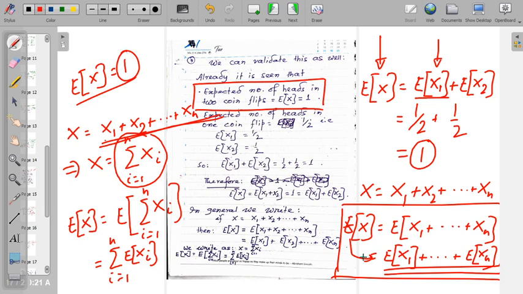Are you getting what I am telling you? Expectation means what? Are you following the lecture? What are we trying to find out with this expectation?